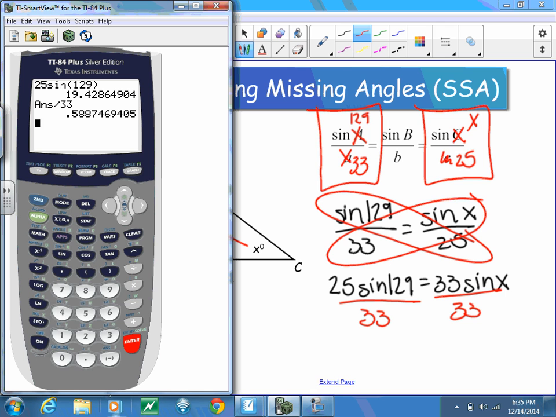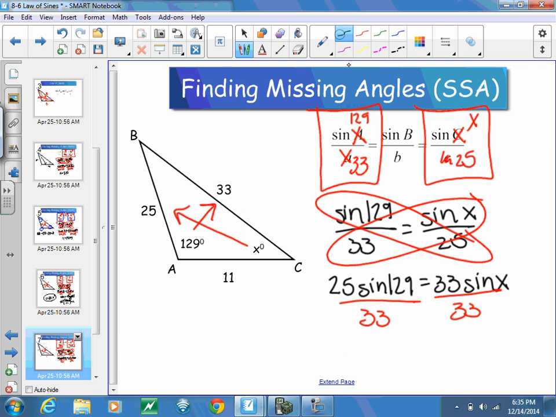Now this value right here is equal to the sine of x, so by taking the inverse sine of that answer, that decimal, I'm going to get my angle of 36.07 degrees. And so there we just found the missing angle.